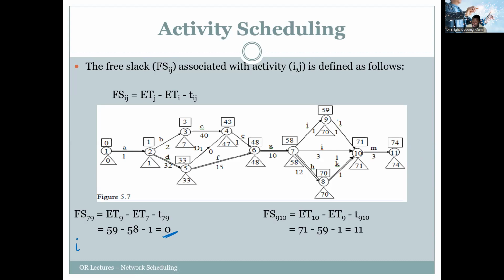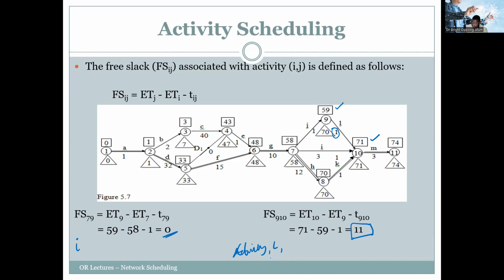What about activity 9 to 10? The earliest time of node 10 is 71, the earliest time on node 9 is 59, and the activity time is 1. So the free slack is actually 11.